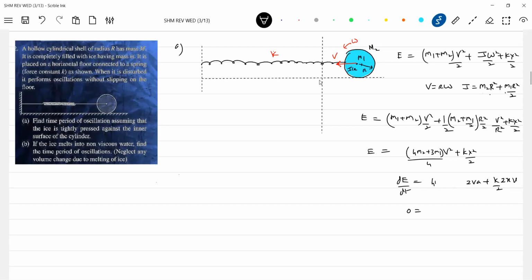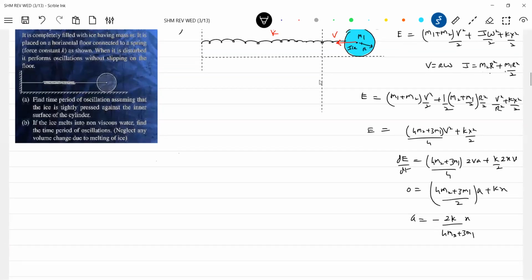Yeah, this will be, the 1 and 2 get cancelled, so this will become minus 2K by, okay, the time period will be... this is the first part of the problem.